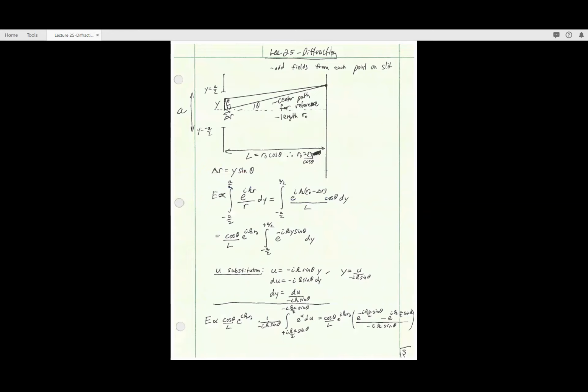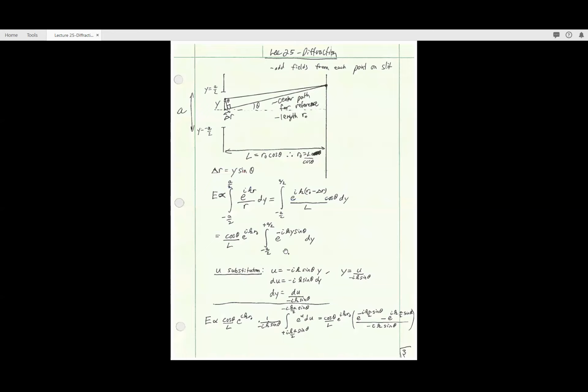So R0 is L over cosine theta. And then 1 over R, if we go over here, must be cosine theta over L here and here. So when we set up our integral, our e to the ikR becomes e to the ikR0 minus iky sine theta.